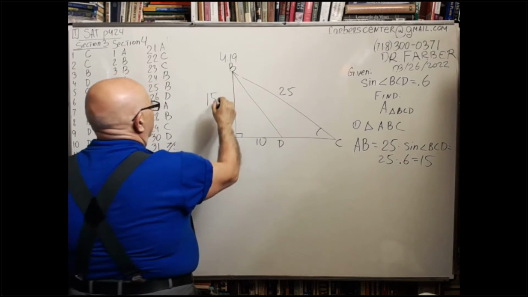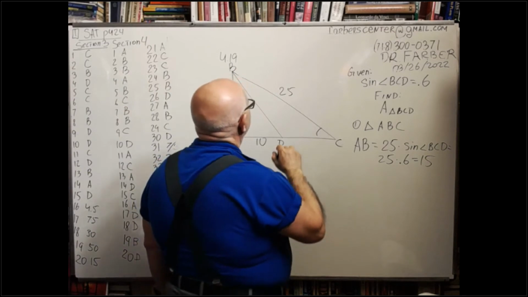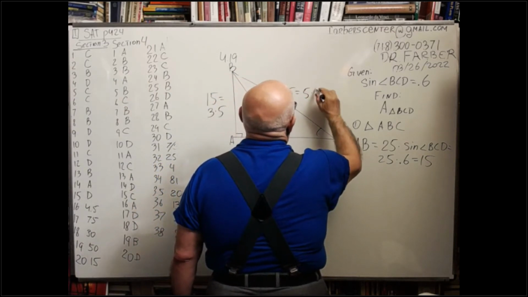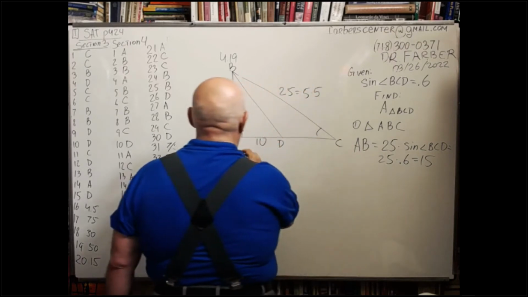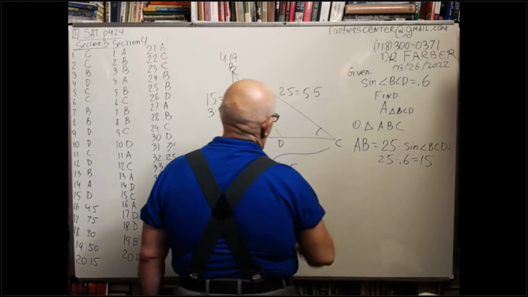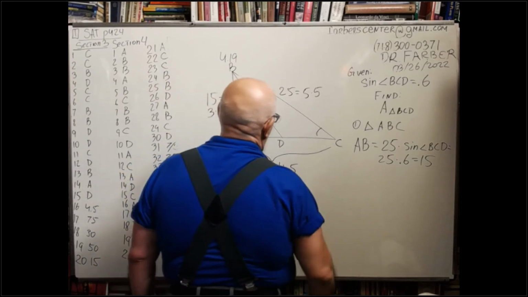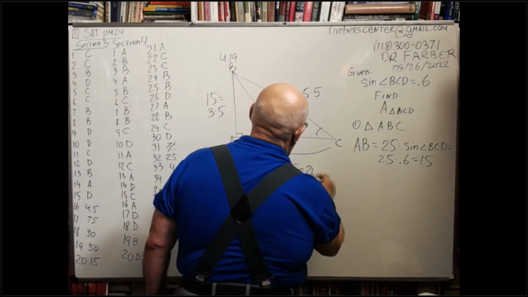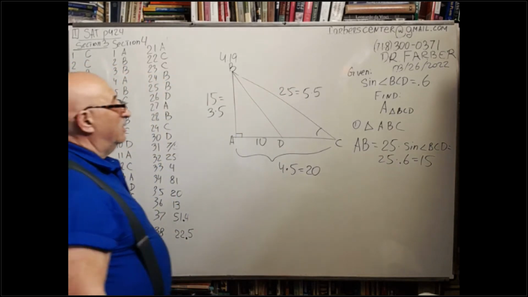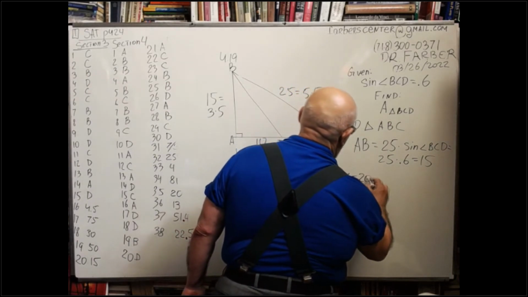What is 15? 15 is 3 times 5. What's 25? It's 5 times 5. Since that, this side is supposed to be 4 times 5. It's a Pythagorean triple, right? So this side is 4 times 5, which is 20. So far so good. I can easily find DC. DC equals 20 minus 10, which is 10.